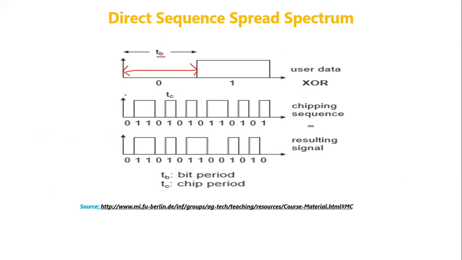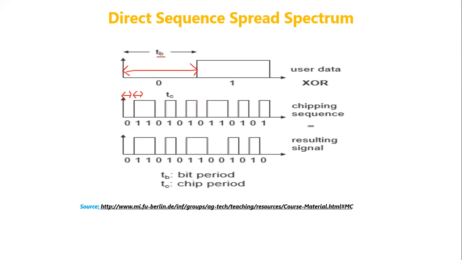Now each bit of the chipping sequence is of very small duration. Multiple chipping bits put together will be equal to one duration of the user data. Here we count 1, 2, 3, 4, 5, 6, 7.